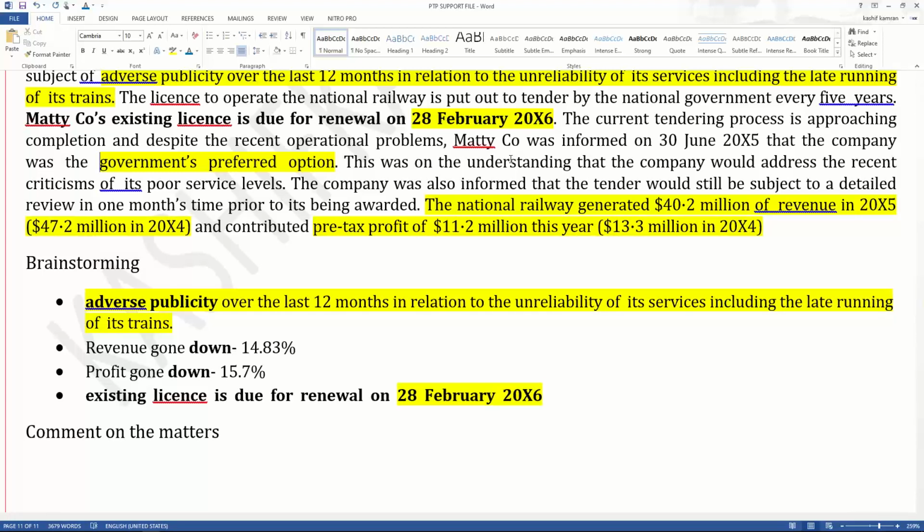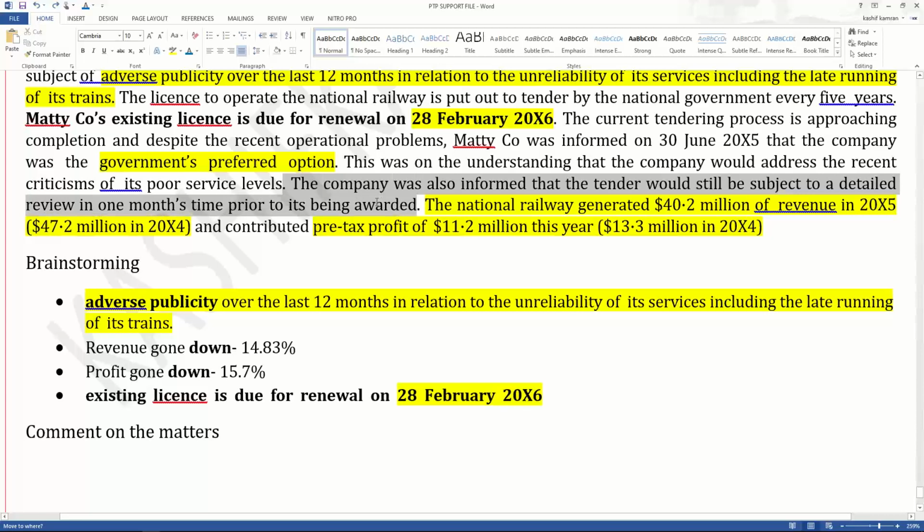Full stop. The company was also informed that the tender would still be subject to a detailed review in 1 month's time prior to being awarded. So is there an issue coming here? Will the government review METI in 1 month's time, then decide whether to give them the license or not?